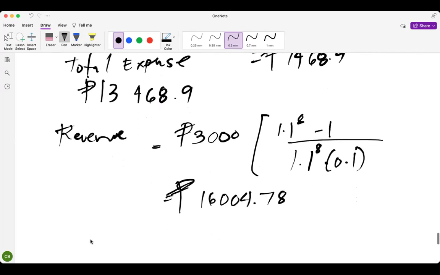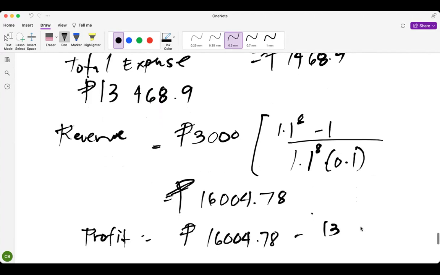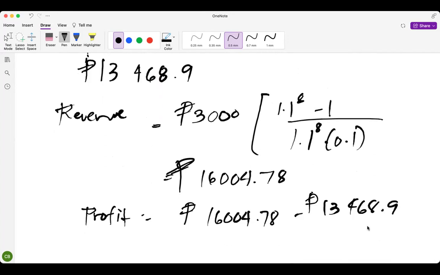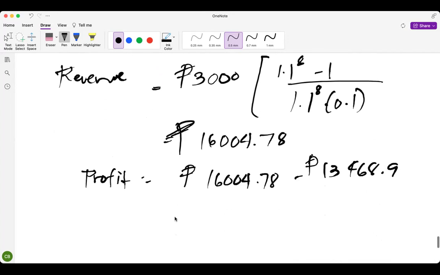So the profit for plan B would be 16,004.78 minus 13,468.9. So that would be 2,535.88.